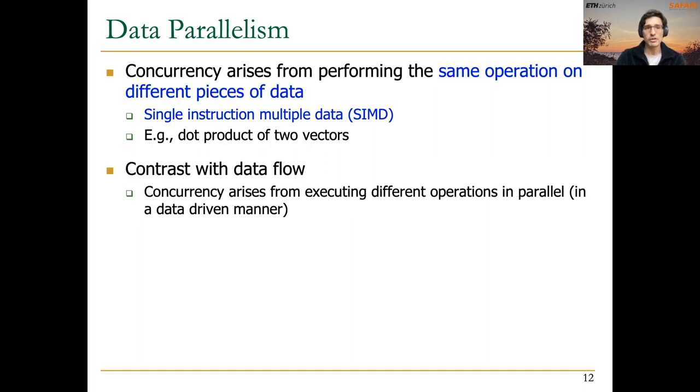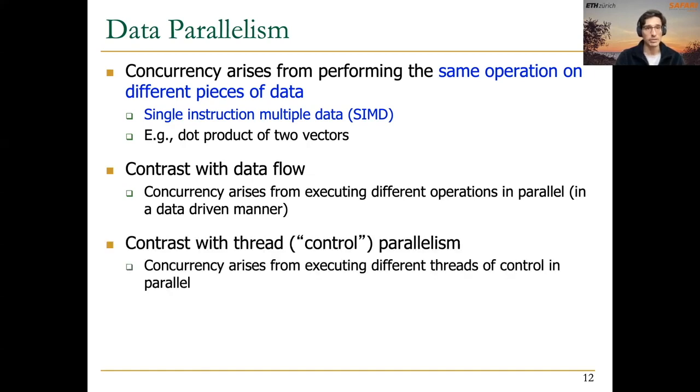Notice that this is different from other types of concurrency. For example, data flow. In data flow execution, concurrency arises from executing different operations in parallel. So it's more exploiting task level parallelism instead of data level parallelism. SIMD is also different from thread or control parallelism, where concurrency arises from executing different threads of control in parallel.